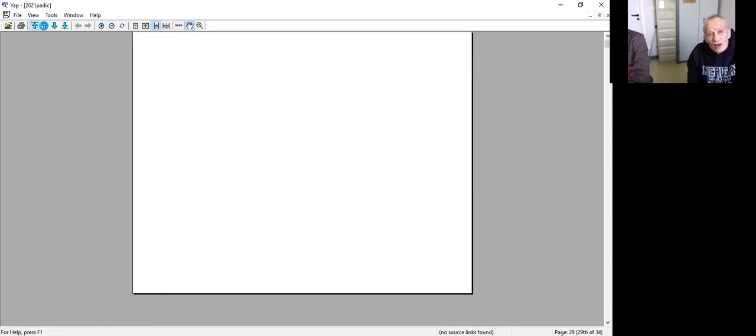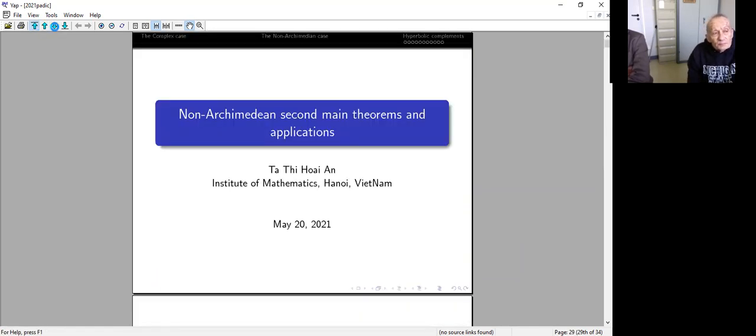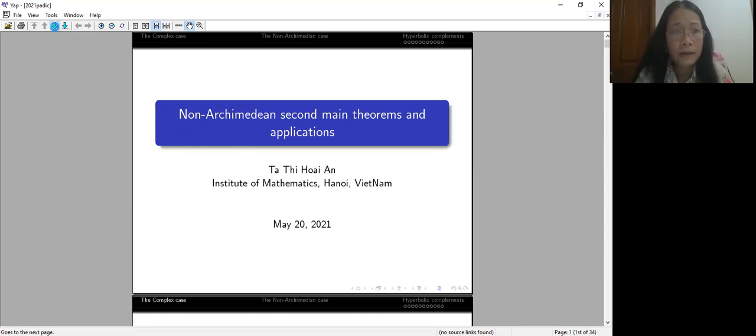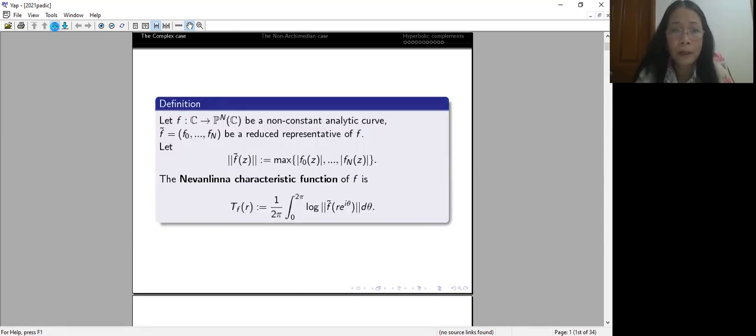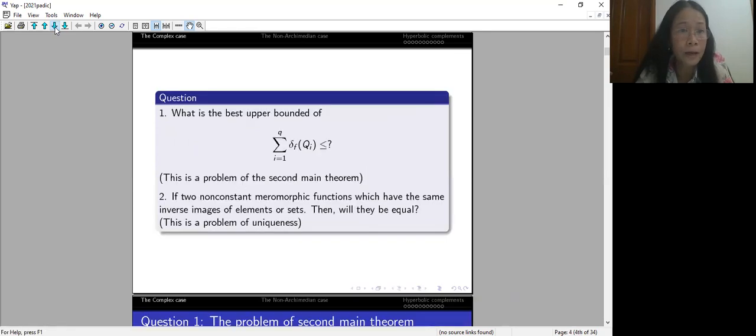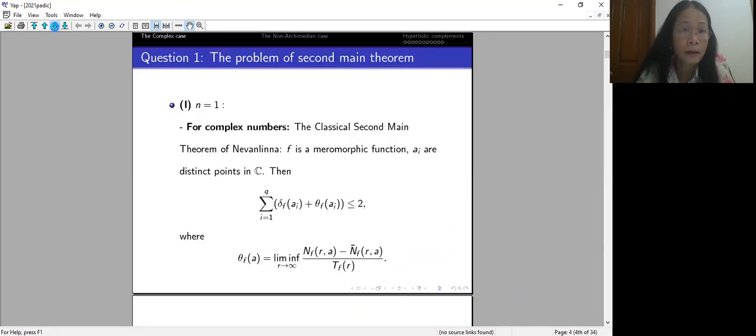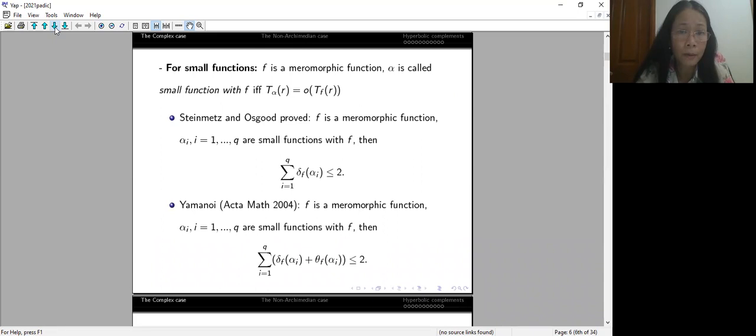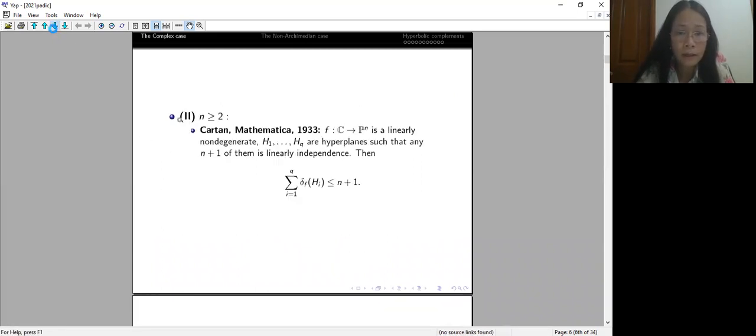What do you think? Actually, in the theorem we use to prove the result for k n equal to 1, that means for k meromorphic functions sharing small functions here.